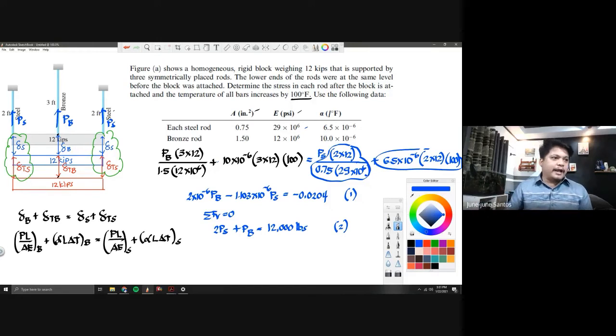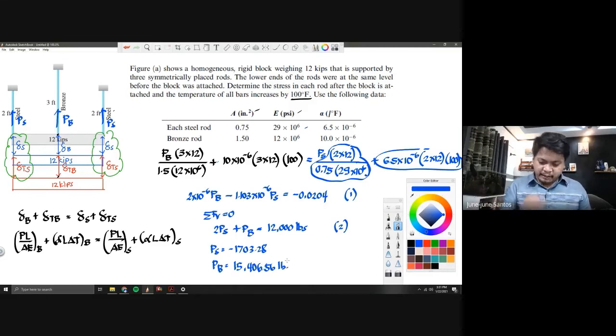You will be having PS is equal to negative 1,703.28. Okay. And then this is around 15,000 for the PB. Okay. Check muna natin. P bronze is 15,406.56 pounds. Okay?